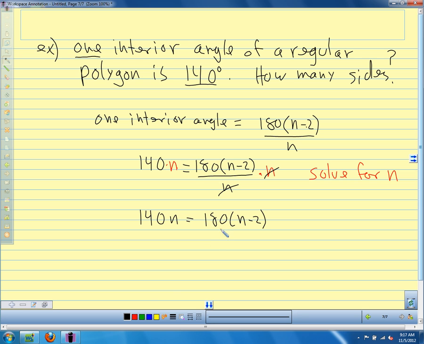Multiplying. So it's multiplying the whole parentheses, so I need to distribute. Okay? So I get 140n equals 180 times n. And 180 times negative 2 is negative 360. So that's what I get after I distribute.